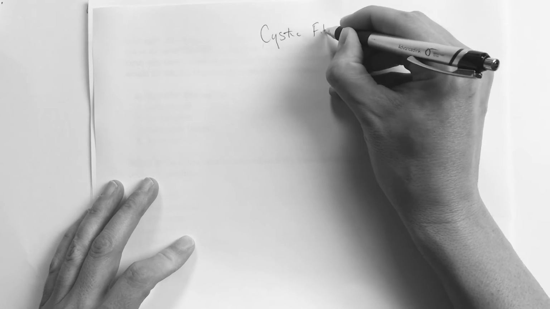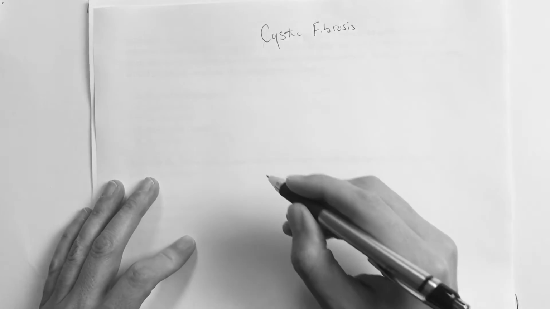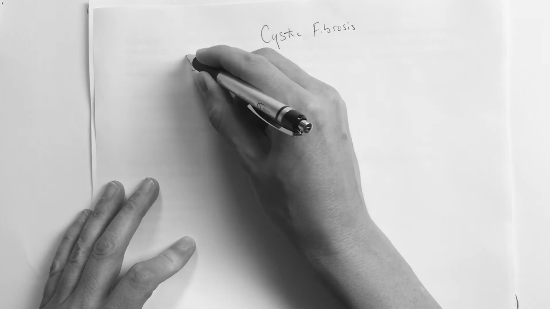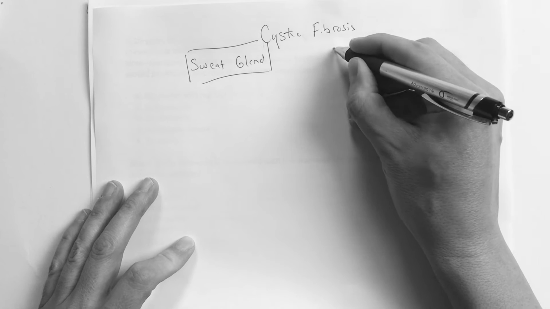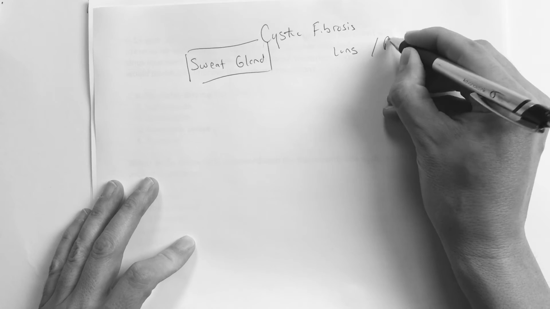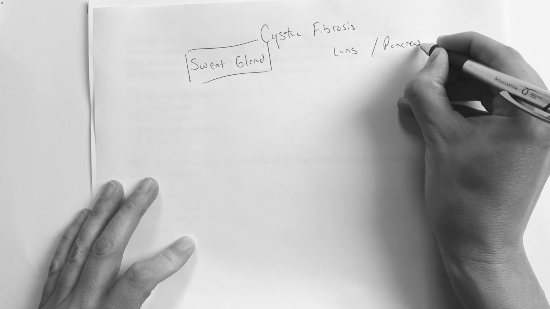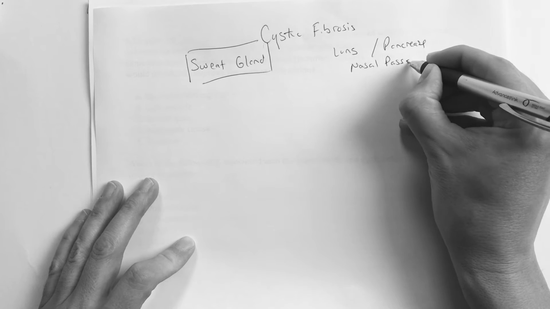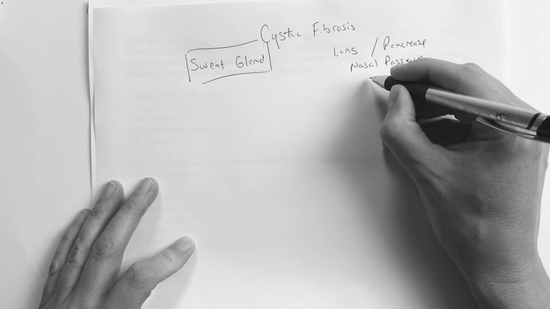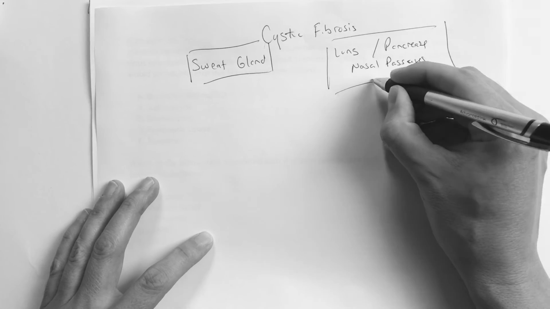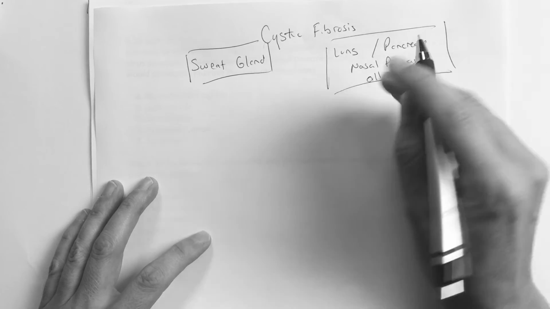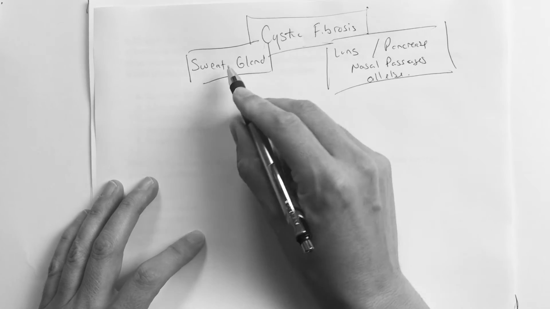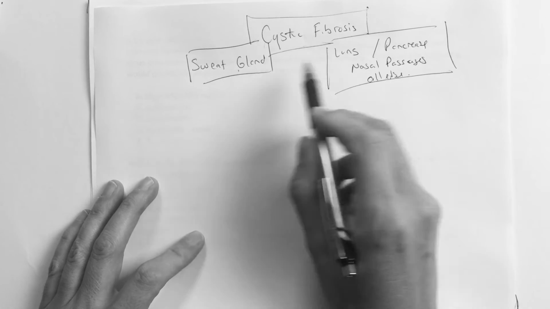With cystic fibrosis, you need to ask yourself, where am I at? Are they talking sweat gland, or are they talking anywhere else, such as lung, pancreas, nasal passages? I'll put all else right there, because there's a big difference between how cystic fibrosis affects either of these.